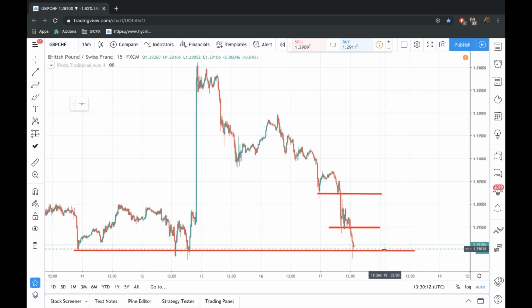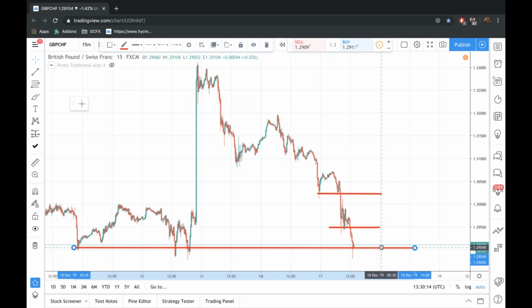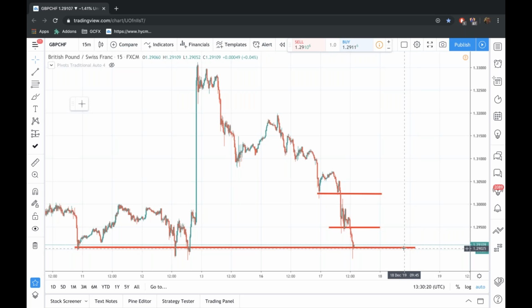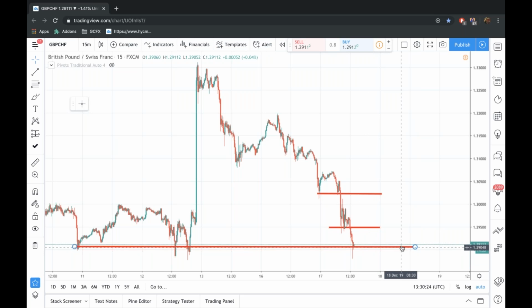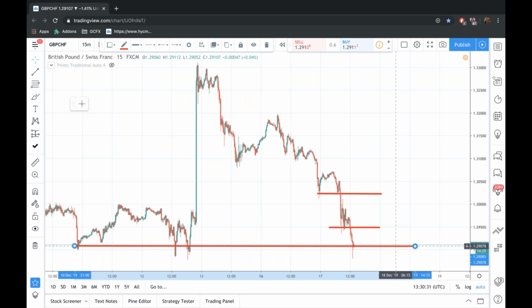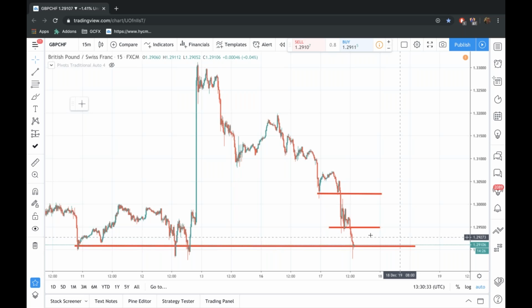You can see that's a big round number, 1.2900. So basically expect profit taking from here, about 1.2910, maybe just a touch higher, just those shoulders there. That's about right. 1.2909, 1.2911 or 12, something like that. I'd expect profit takers just at that level.